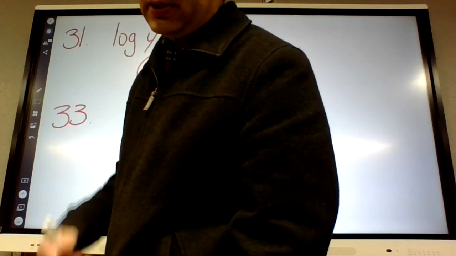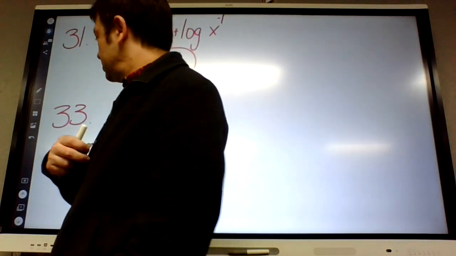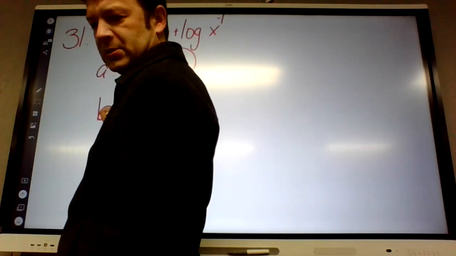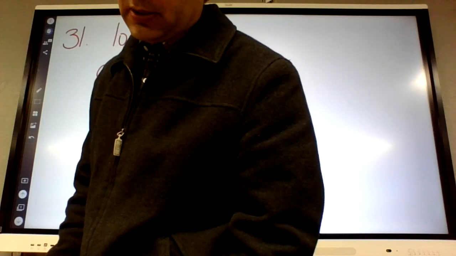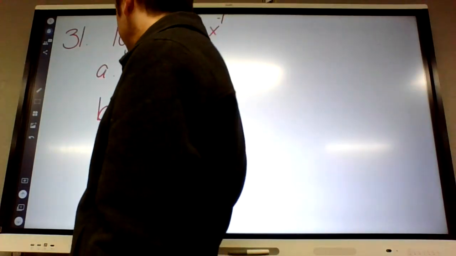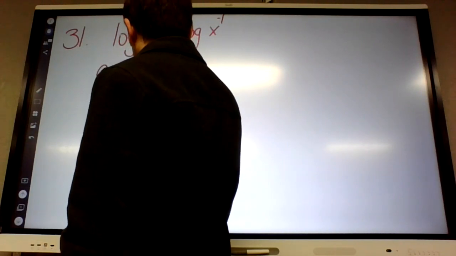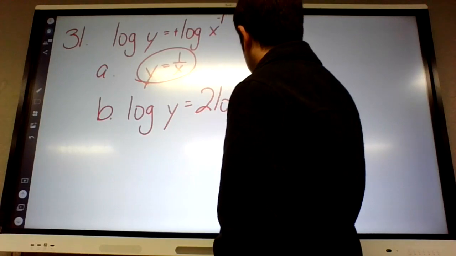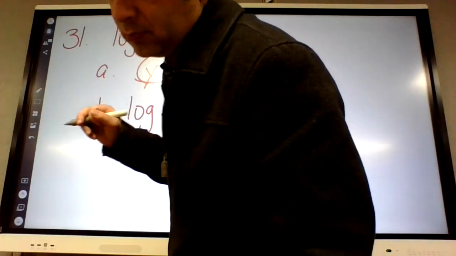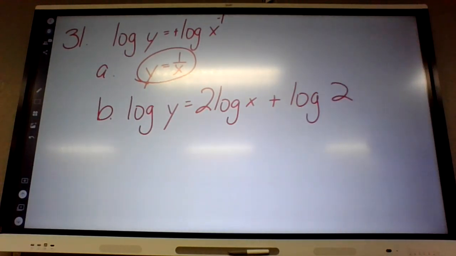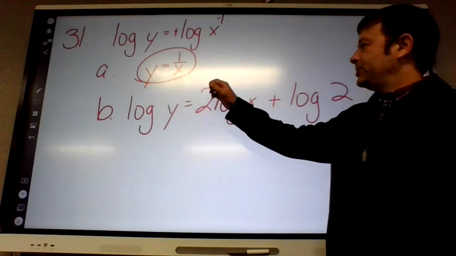Alright, and then on B, I forgot about B there. It says log y equals 2 log x plus log 2. Kind of like 29b. What's going to happen to this 2 in front?